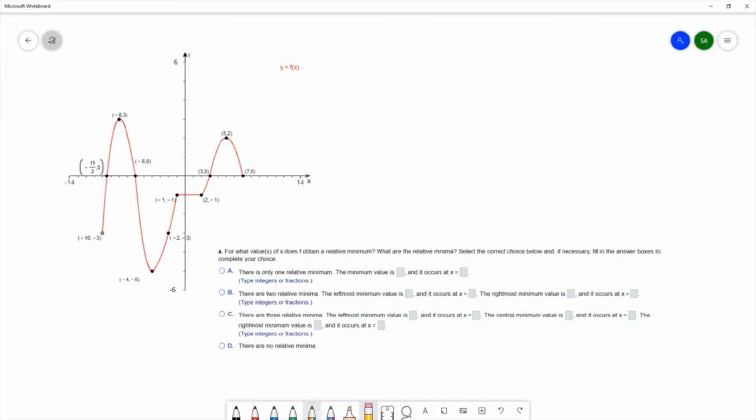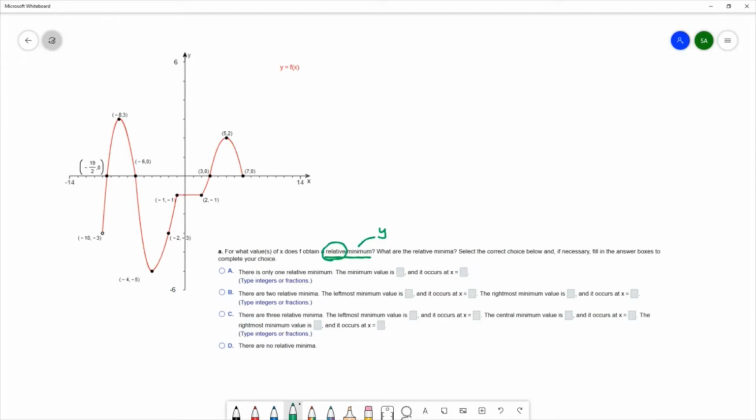So what we're looking for in this example is a relative minimum. The word minimum is describing the y. And so what we're looking for is a small y value, or the smallest y value. Now that's with a slight caveat because we have the word relative.